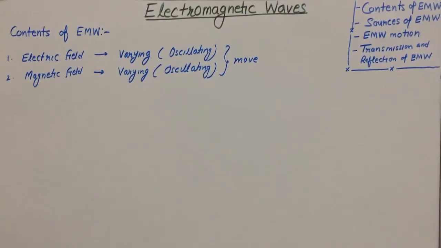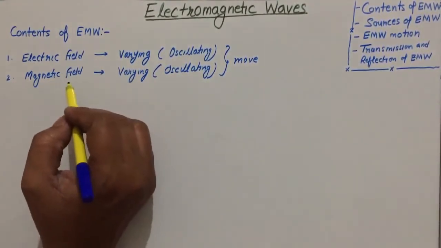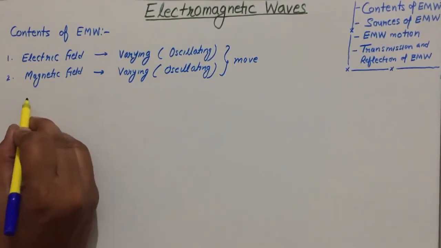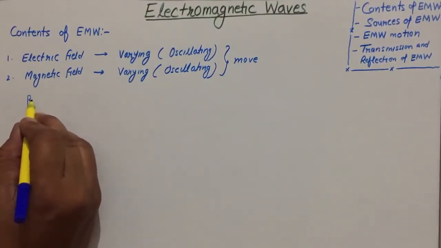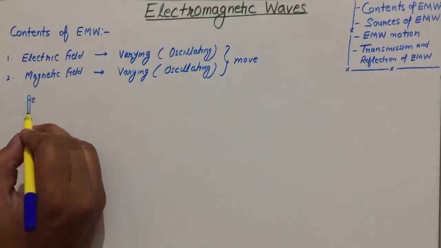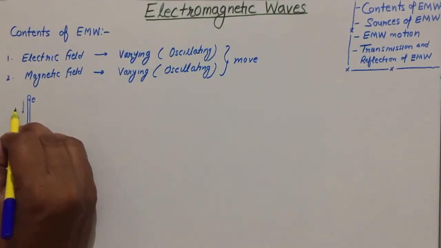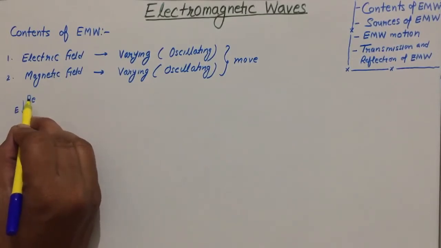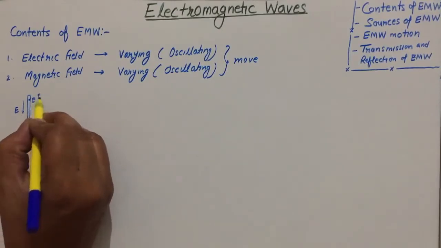Let us see some observations. On the basis of that, we can say that an electromagnetic wave consists of varying electric and varying magnetic field. So for that purpose, consider a conductor in which there is an electron, and if you apply the electric field in any direction, the charge will experience a force opposite to that.